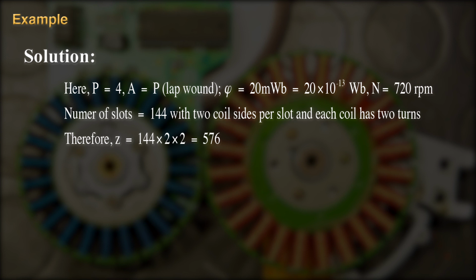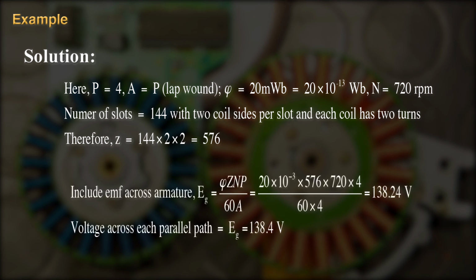Number of slots is 144 with 2 coil sides per slot, and each coil has 2 turns. Therefore, total number of armature conductors is 144 multiplied by 2 multiplied by 2, which equals 576.